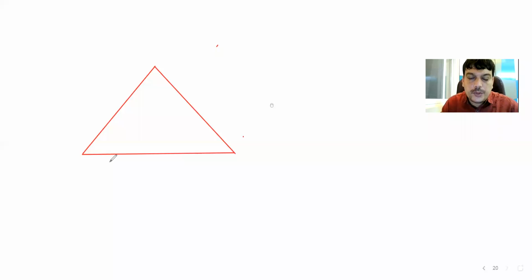So this is the triangle given to us. And it's also given that there is a point called O in its interior. It's inside.